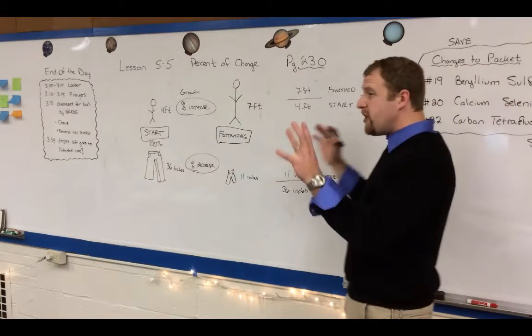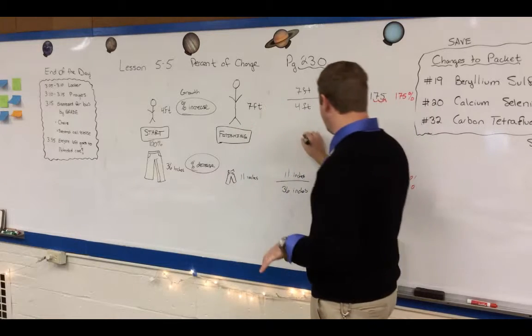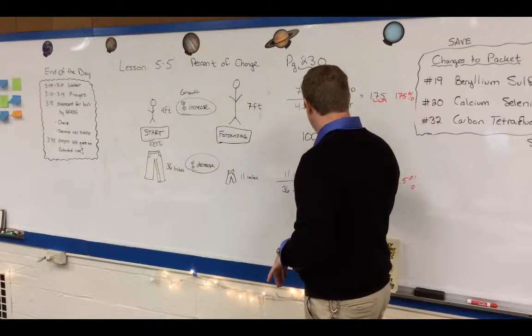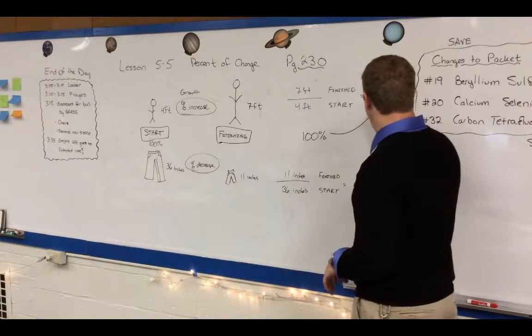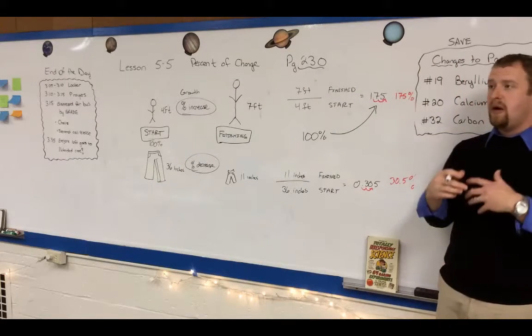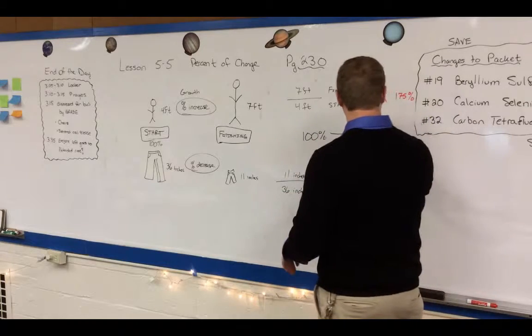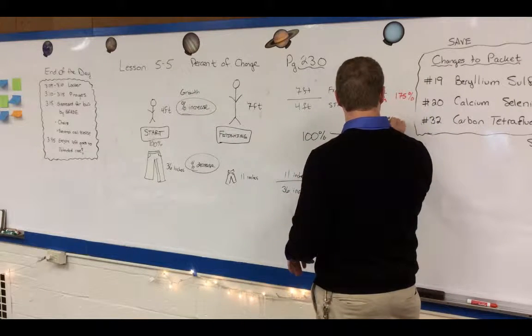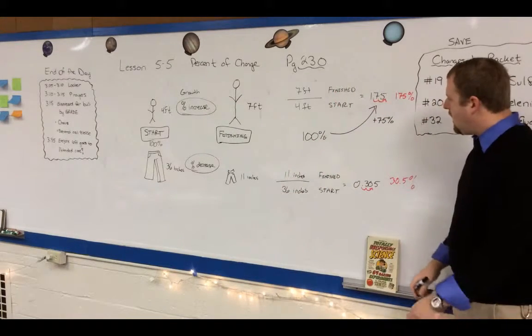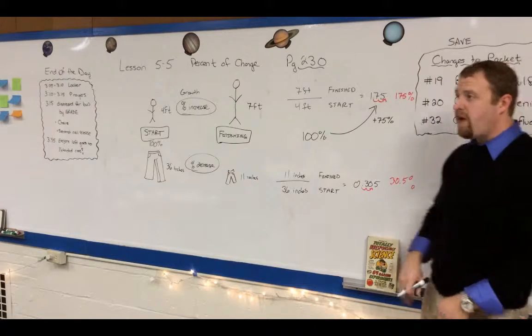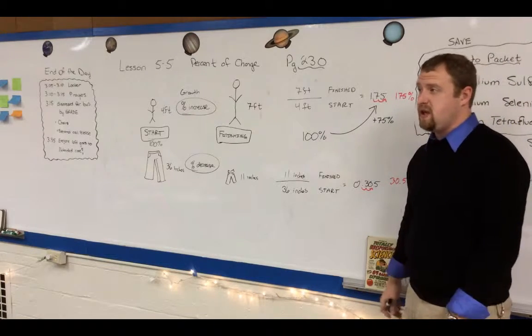Remember, you always start with 100%. From 100% to 175%, how much growth did we see? 75%. We saw a positive 75% increase. From 100% to 30.5%, how much of a decrease did we see?